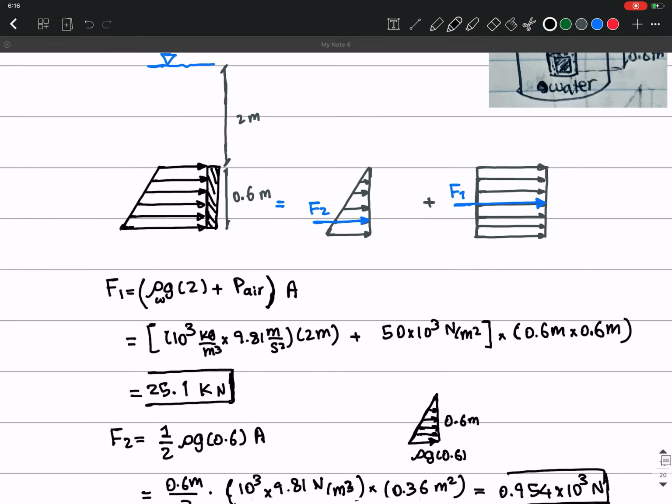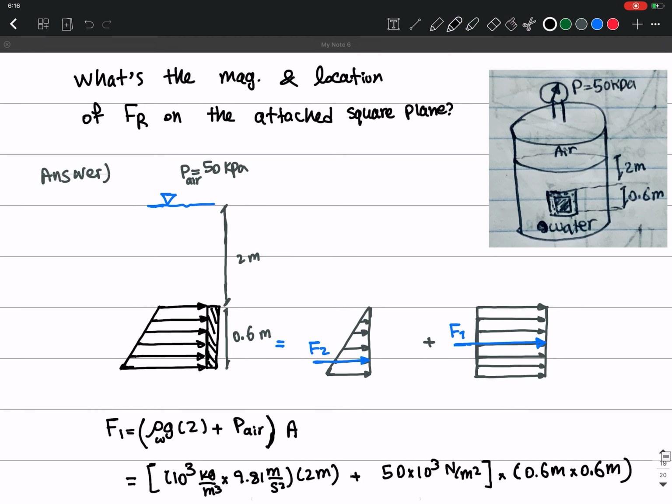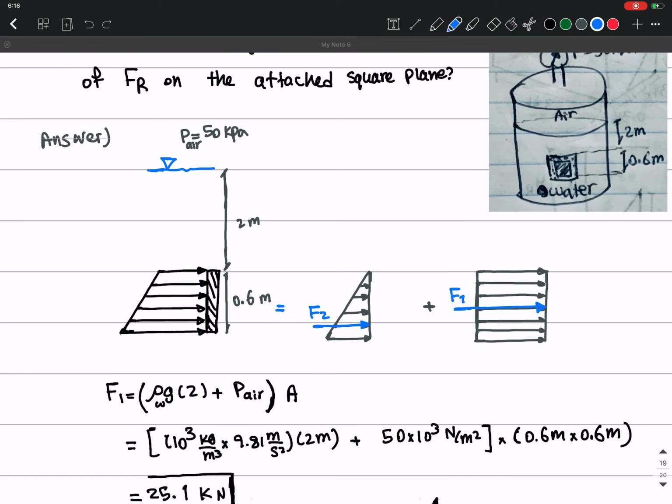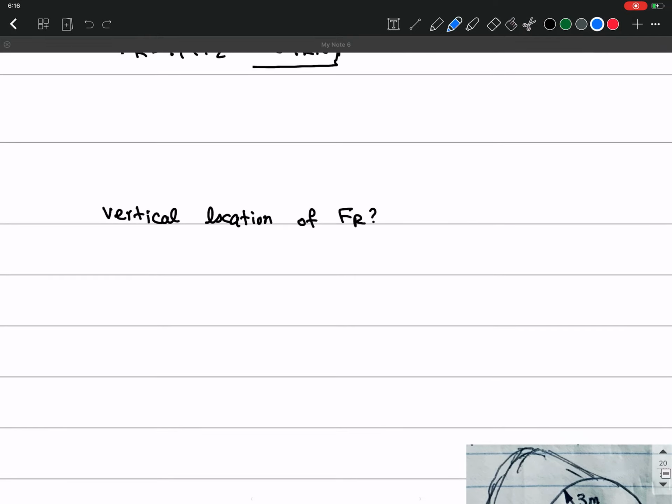So the horizontal one is clear, it is going to be right in the middle, because there is a symmetry. We have a symmetry here, so it's going to be in the middle, but we don't know the vertical location of it. Okay, so let's find the vertical location.